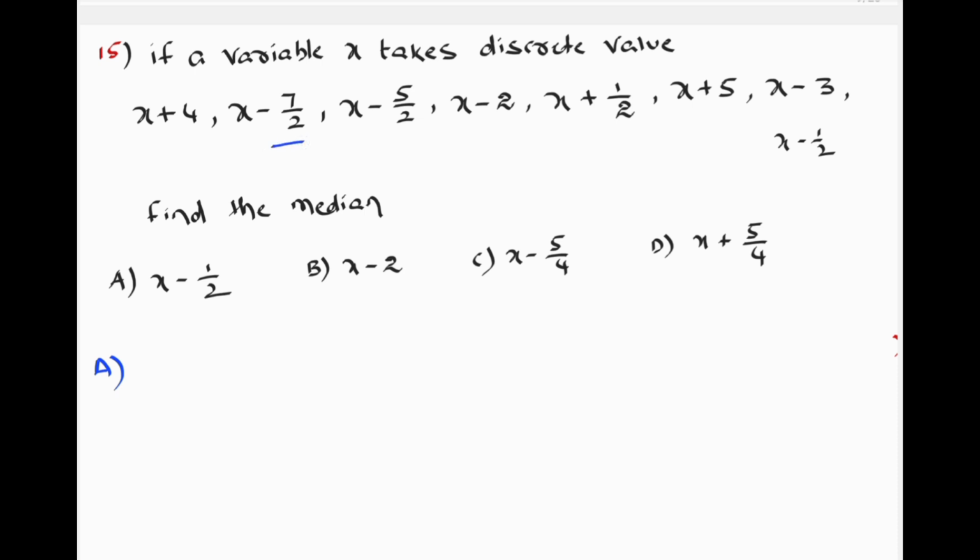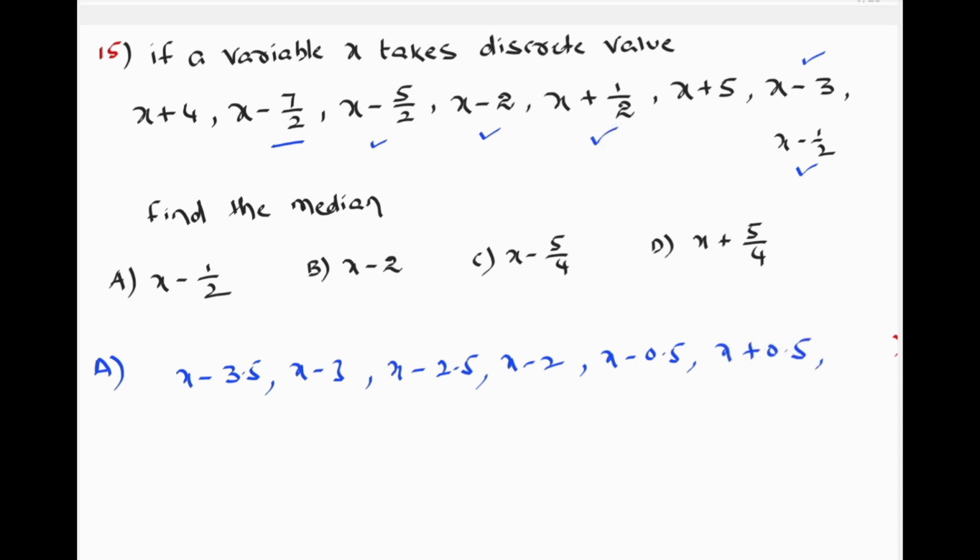It is x minus 3.5, then x minus 3, then x minus 2.5, x minus 2, next x minus 0.5, comma x plus 0.5, comma x plus 4, comma x plus 5.